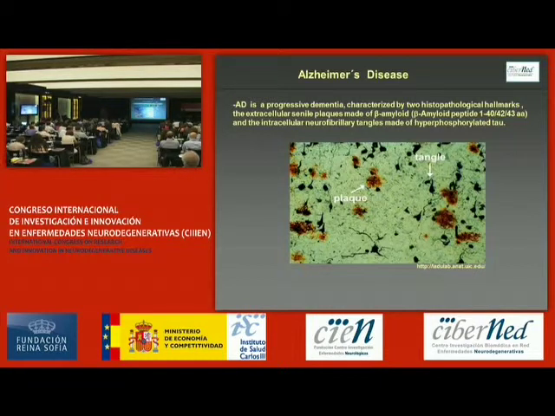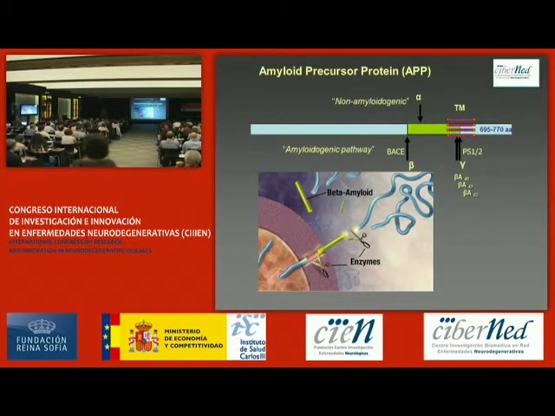Just to remember, the amyloid peptide is generated by proteolytic cleavage from the amyloid precursor protein. It's a housekeeping protein, and the process of proteolysis is conserved in all cell types.